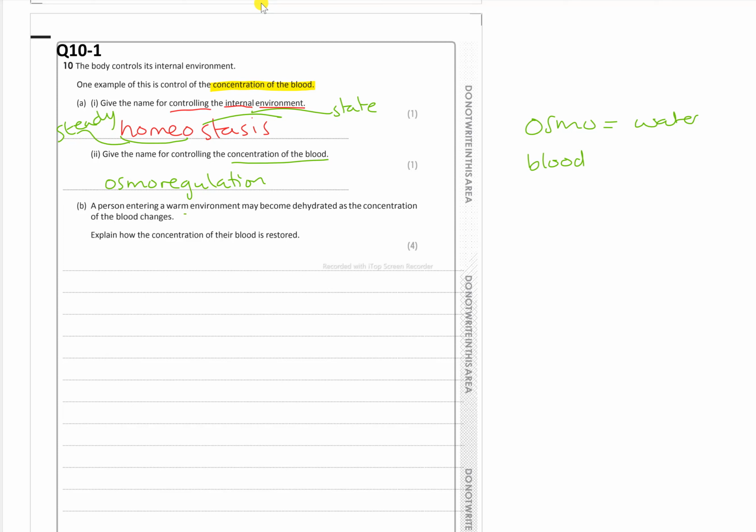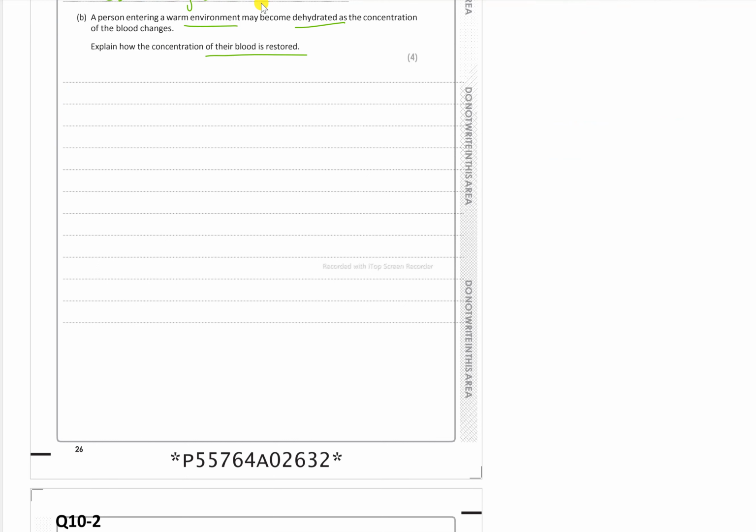Right. A person entering a warm environment may become dehydrated. Explain how the concentration of the blood is restored. So what you do, right, at the base of your brain, you've got a pituitary gland, and there's some receptor cells here.